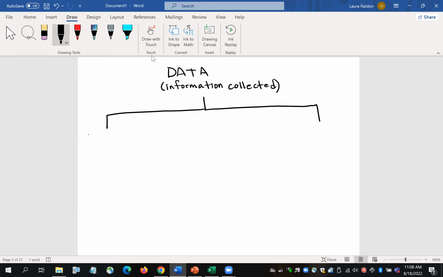The first type of data is qualitative. Okay, that's an adjective. And if you think about it, it is the adjective form of the word quality.